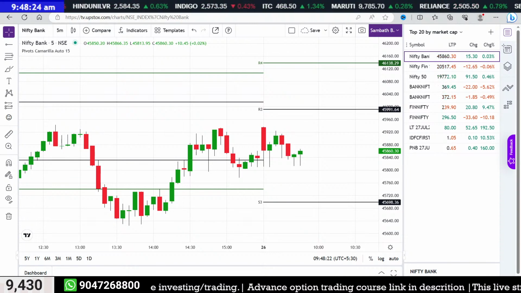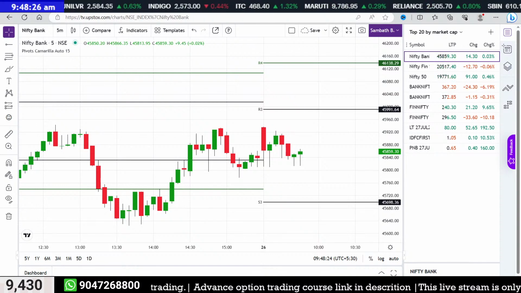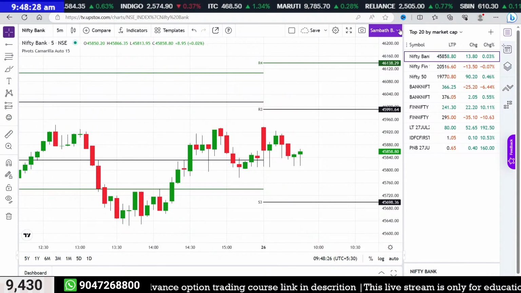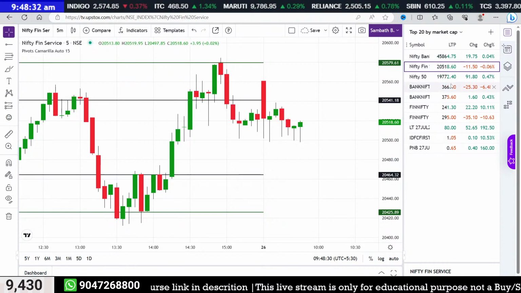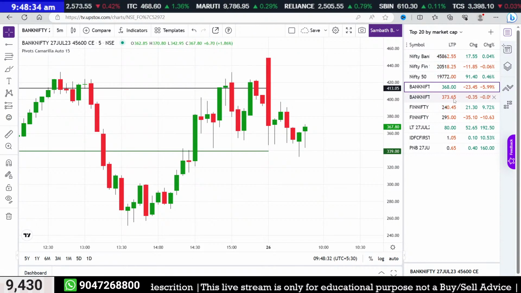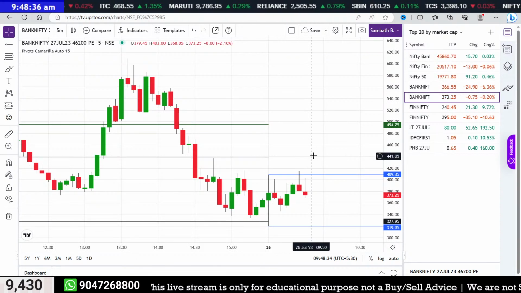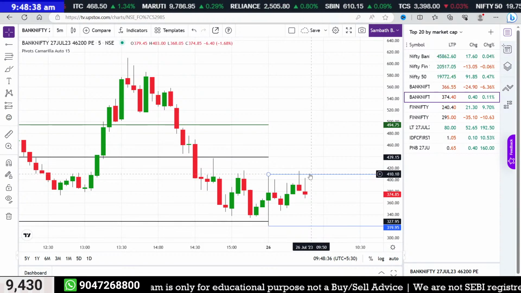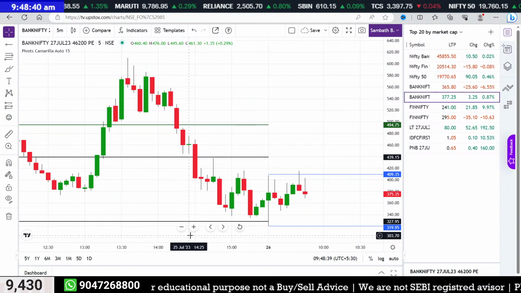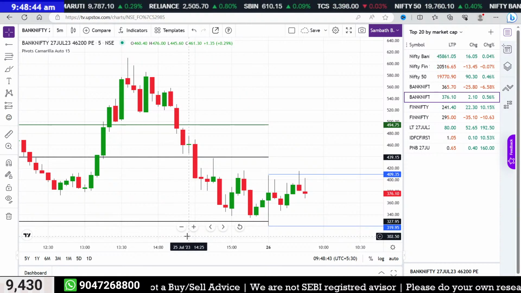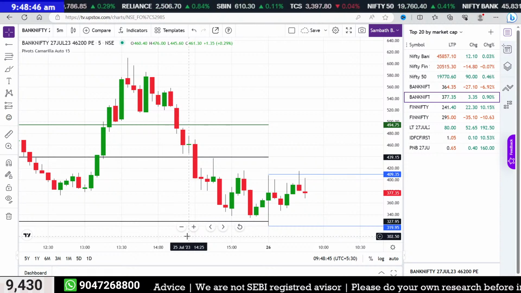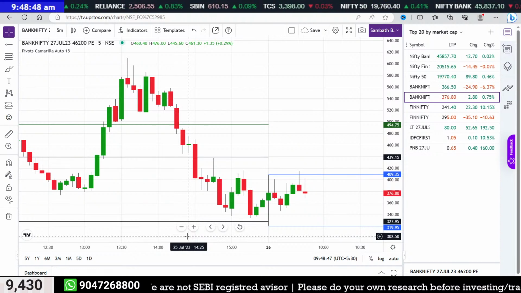Slightly hammer candle. The second one also hammer. Okay, so market is in range, not moving in any trending direction. This one reached that 400 and now it is back in the first 15 minutes itself. Maybe a small breakout which is happening. So again now it is inside between the levels.